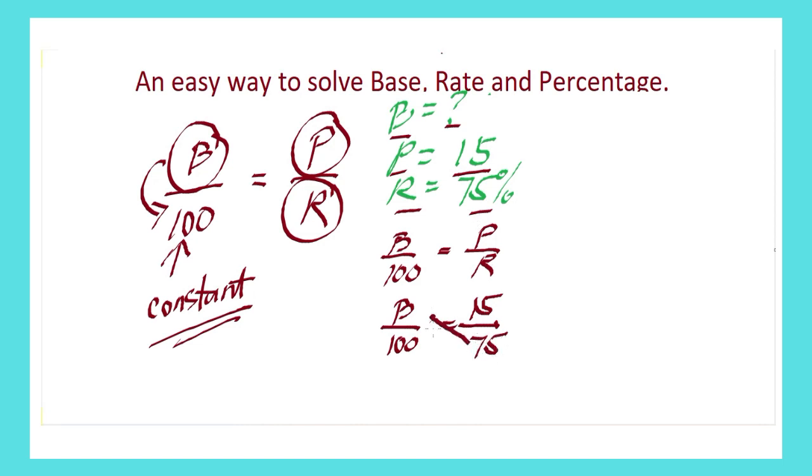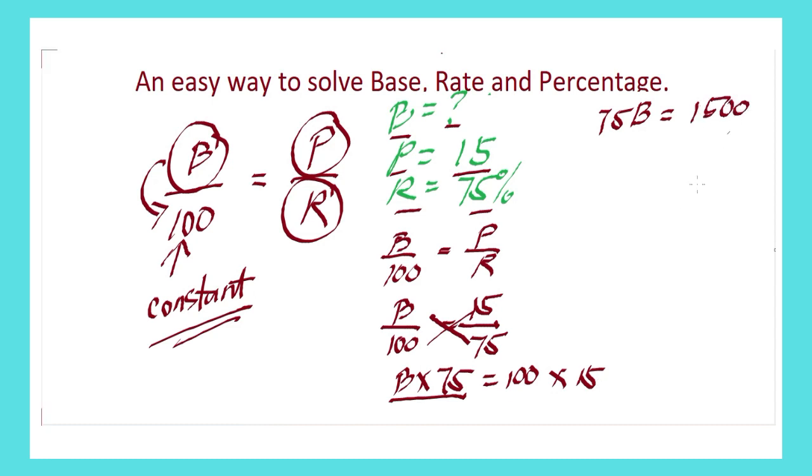You're just going to cross multiply. So 75 times B, and the other side is 100 times 15. So B times 75 will give you 75B, equals 100 times 15, which gives you 1,500. You are going to divide both sides by the number beside the letter, and that is 75.